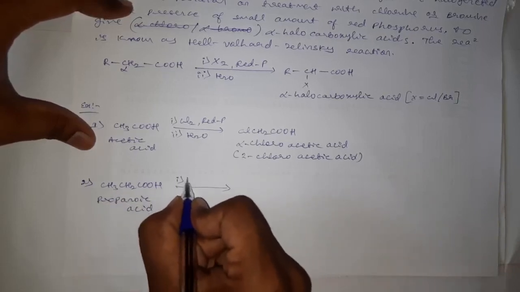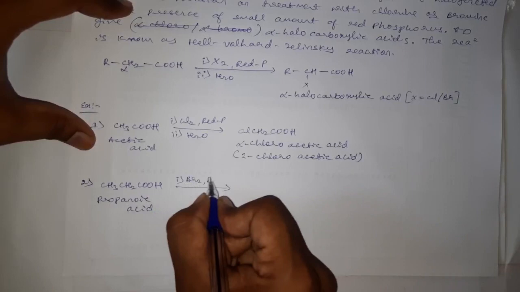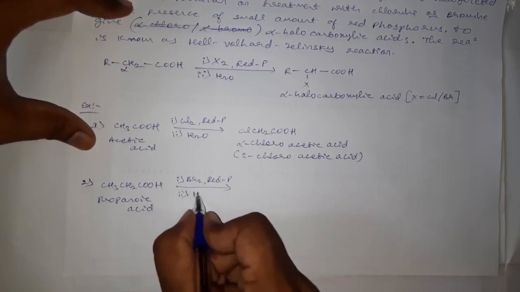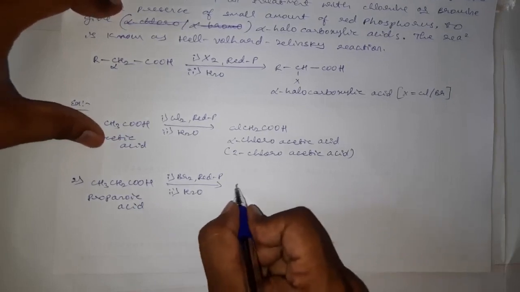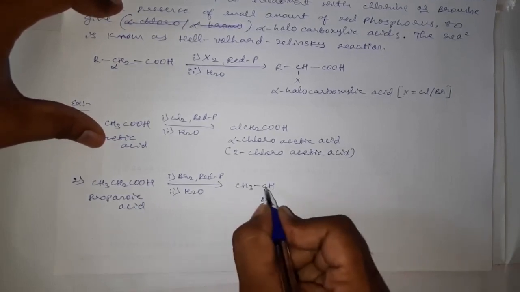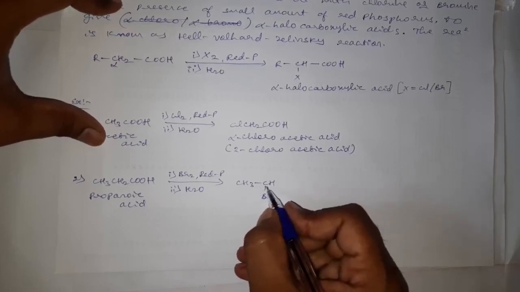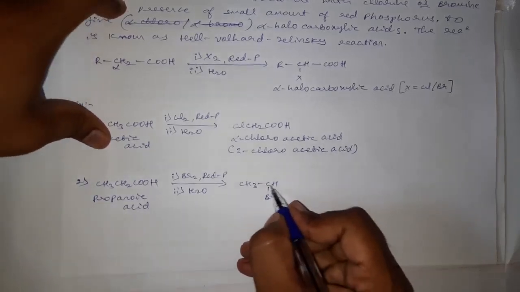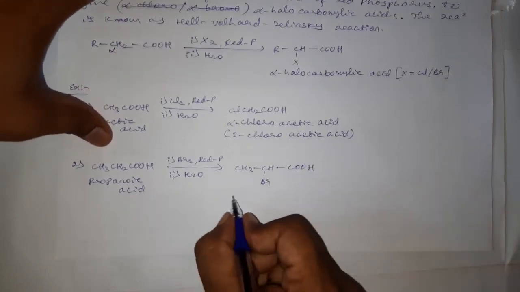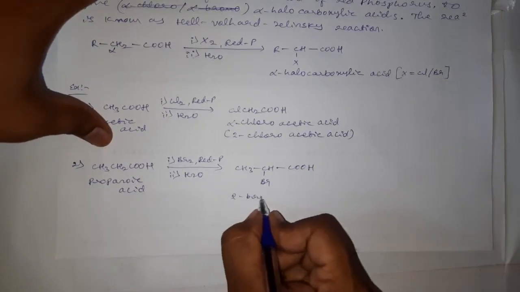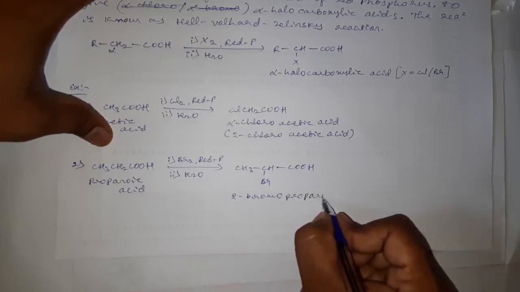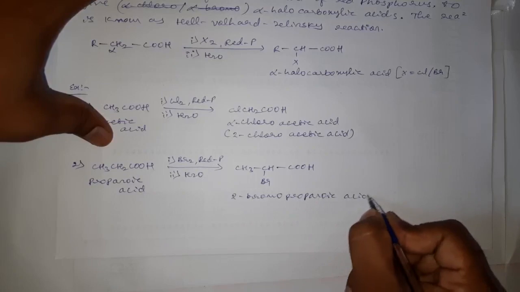When it is treated with bromine in presence of red phosphorus, on hydrolysis we will get CH3CHBrCOOH. Halogenation takes place on the alpha carbon, and its name is 2-bromopropanoic acid.